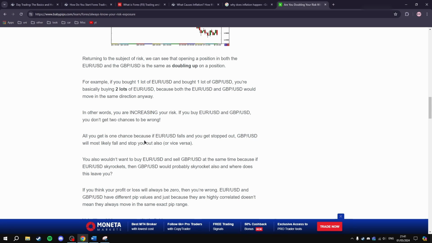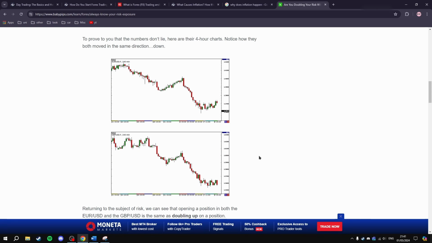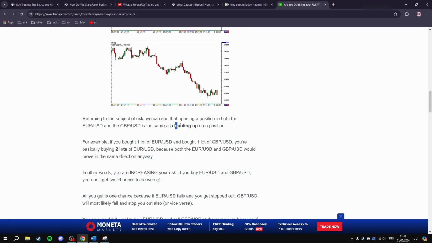So what would you do then? So if you go the same position on both, then you're increasing your risk. But then if you go the opposite positions on both, then you're cancelling out your profit. So you kind of have to double up on a position then, don't you?